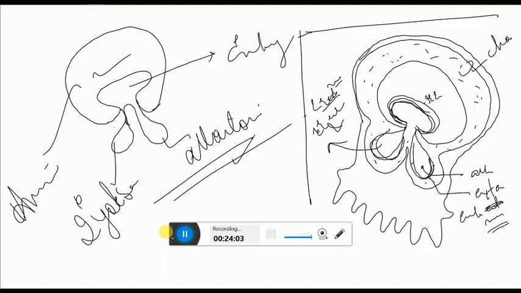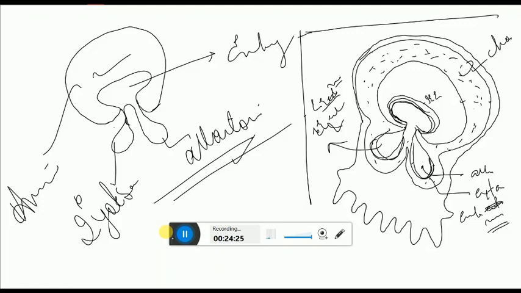That actually the coelom is formed by the splitting of mesoderm. So I can say outside there is the mesodermal lining. So this secondary yolk sac is made up of definitive endoderm from inside and extraembryonic coelom, that is extraembryonic mesoderm, from outside.